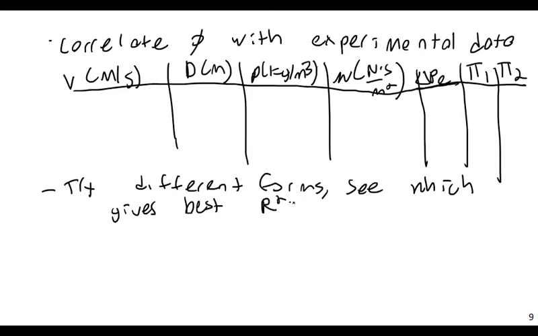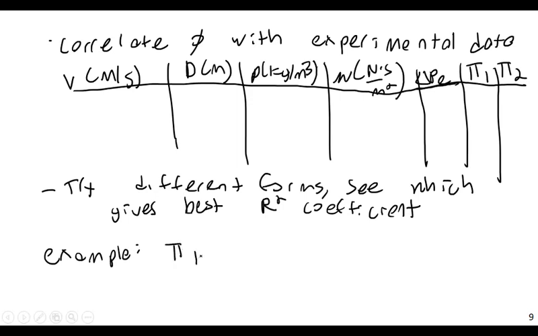For example, if you run this through Excel and try a power relationship, you might find that pi 1 equals 6065.1 times x to the negative 0.741.